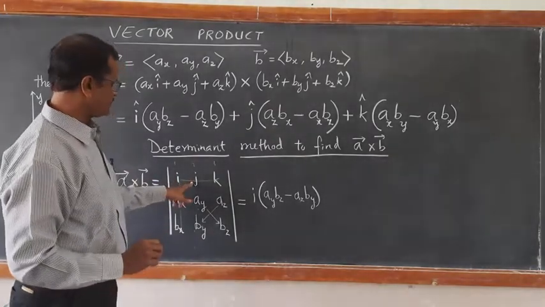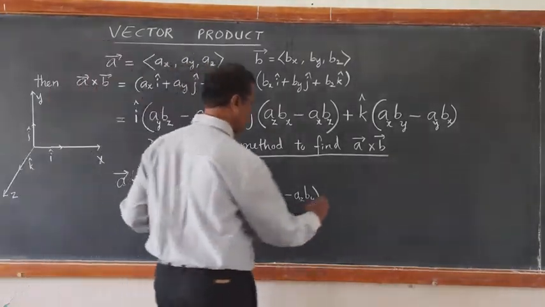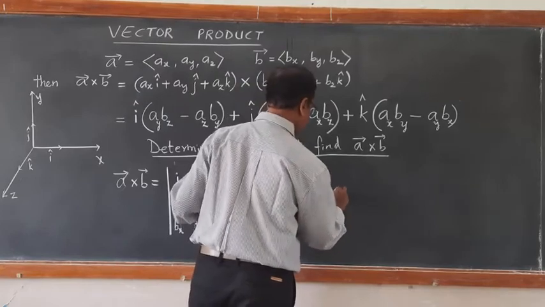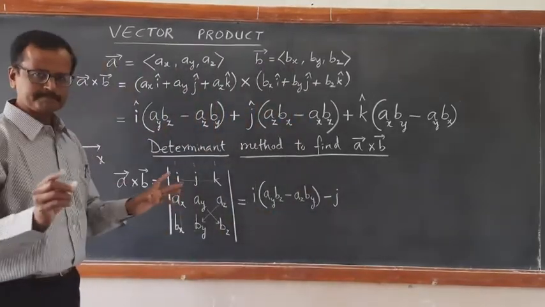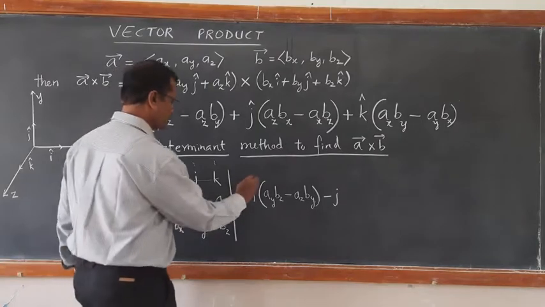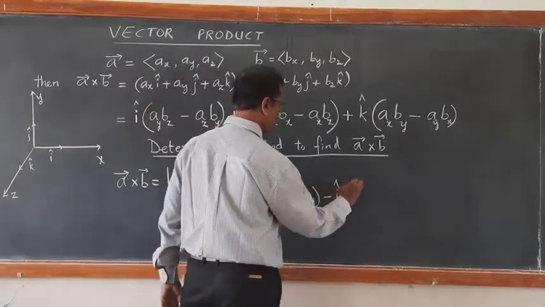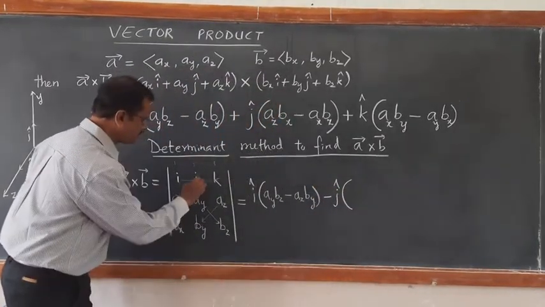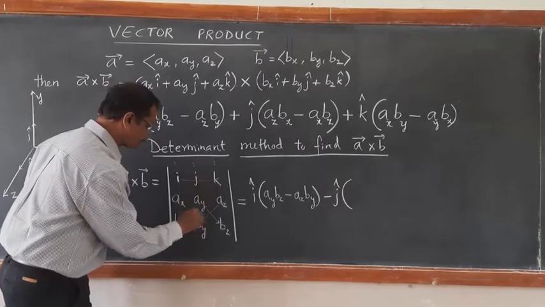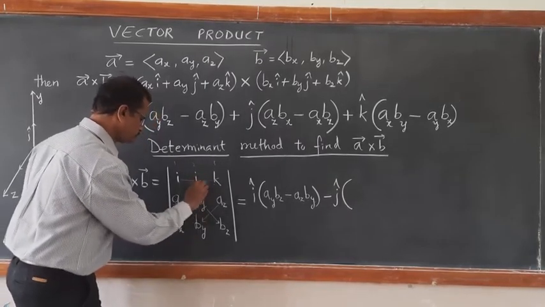Now, next one is j. Start with j. But here you have to remember, j should be with a negative sign. This is j cap, into, leave the second column, first row.